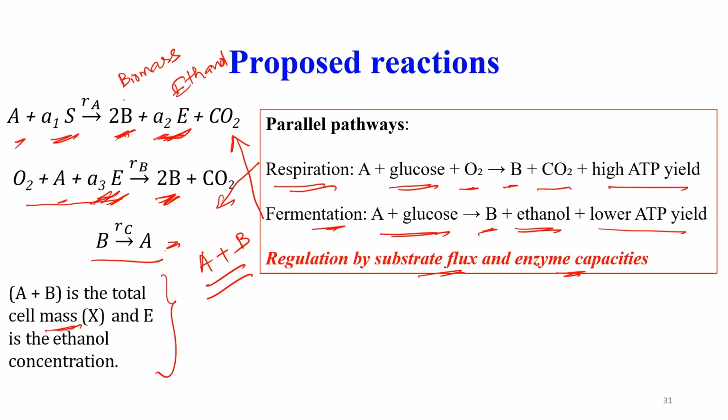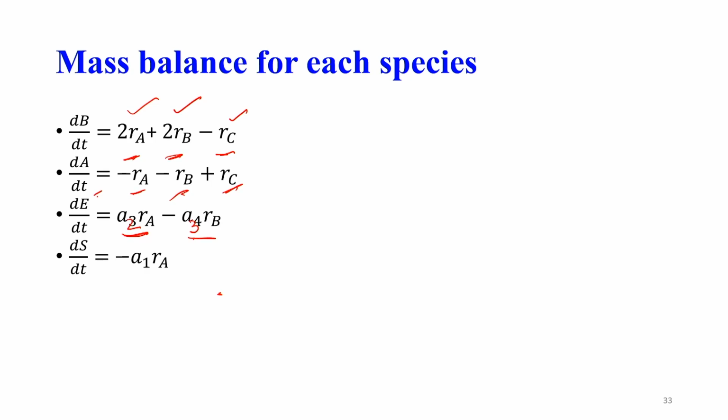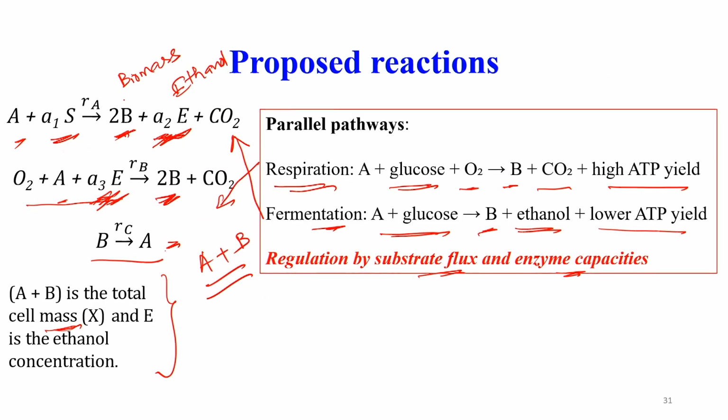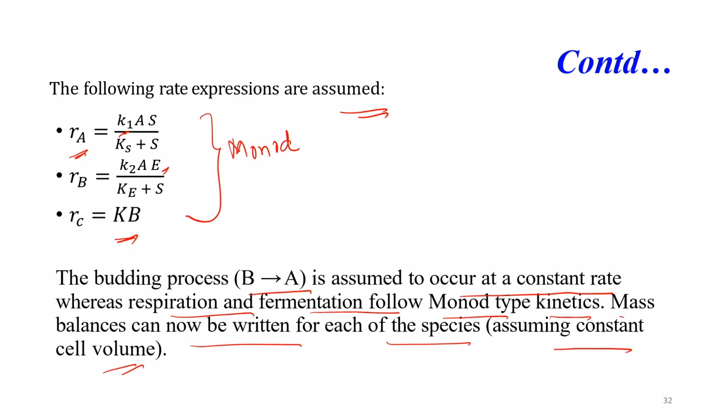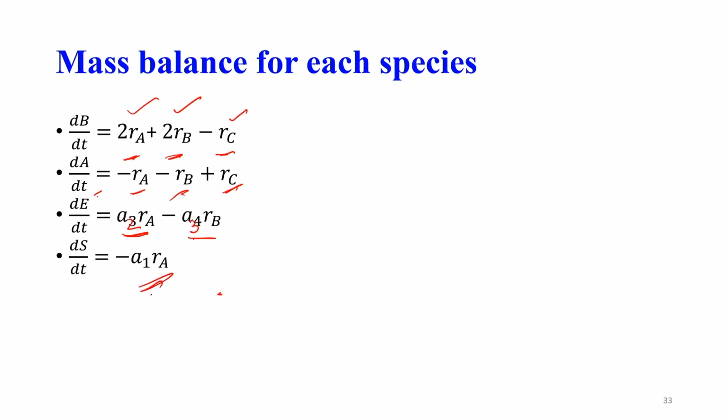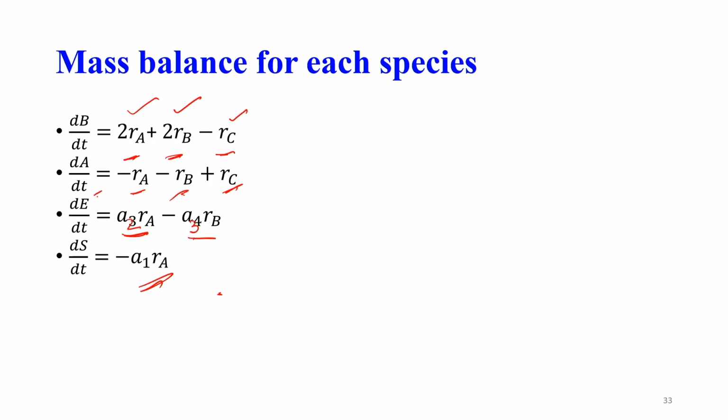So, you just see here A2 is produced here and A3 is consumed here. And for dS upon dt, it is only in reaction 1. So, this will be minus because it is utilized. So, it will be minus A1 into RA. So, these are the 4 rate equations, and if you can solve them, then you should be able to predict the profile of A, B, E and S.